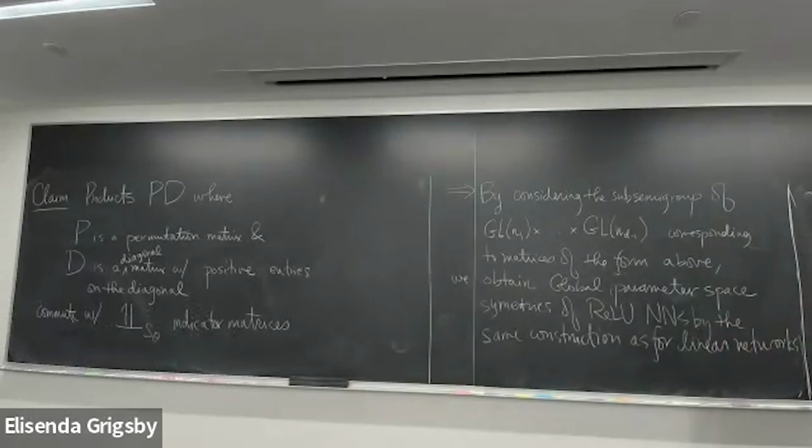Yeah, generated by products like this, B and D. Each one of them can be written as a permutation times a diagonal matrix with positive entries. But you can take products of them and then get them in this form again.